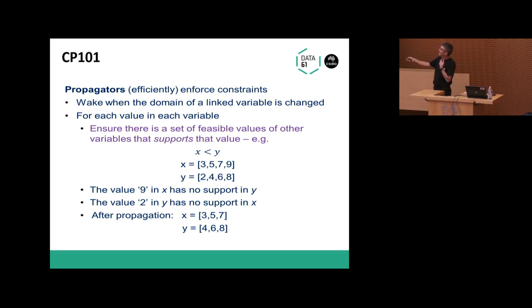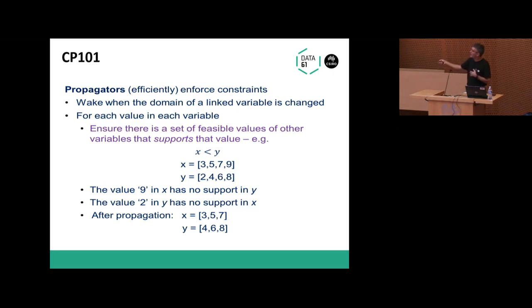Now you can see that I've got this value 9 in the x domain, but there's no value in y which will allow the value x to be 9. And so I can remove 9 from the domain of x. And similarly, in y, there's no value of x which will allow that constraint to be true with y equal 2. And so I can remove 2 from those domains.